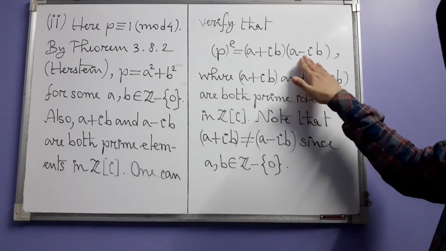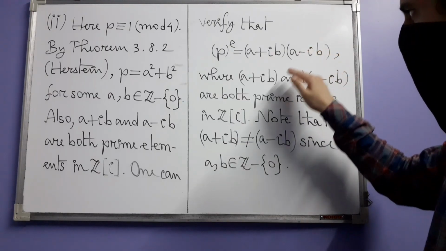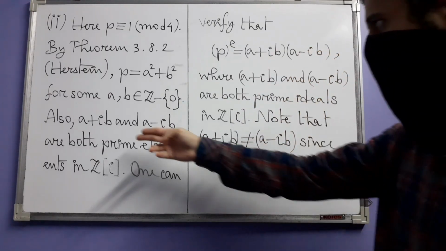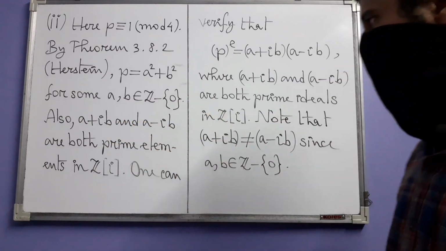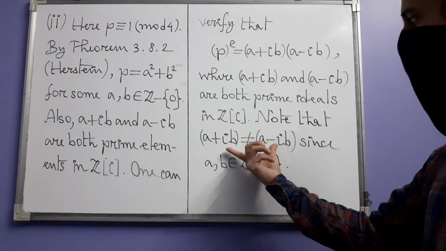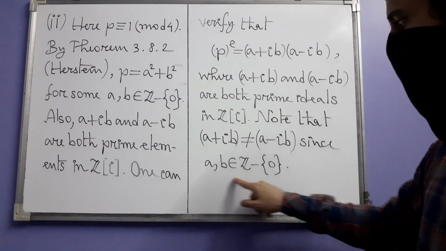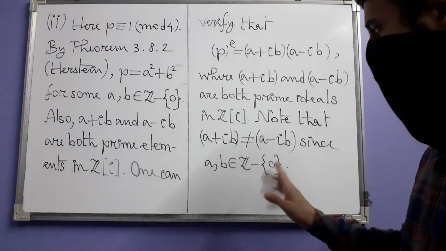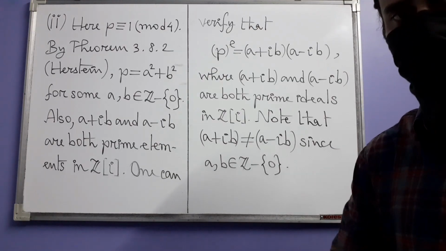Then you have to actually verify this. And then these ideals will be prime, that comes from the primality of these complex numbers as elements in Z[i]. And then you also have to see why these are distinct. And the reason is given to you because a and b are both non-zero, but exactly why, that you have to figure out.